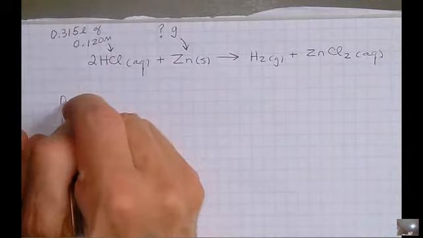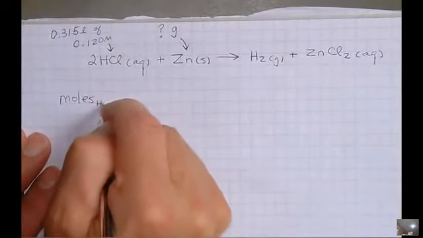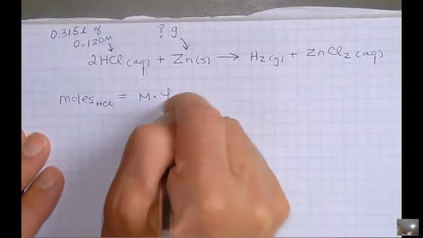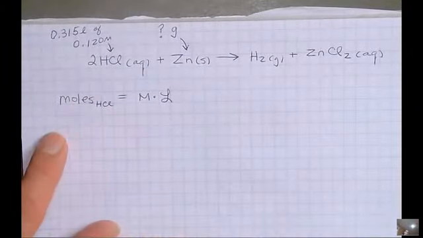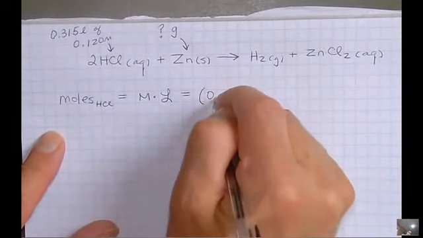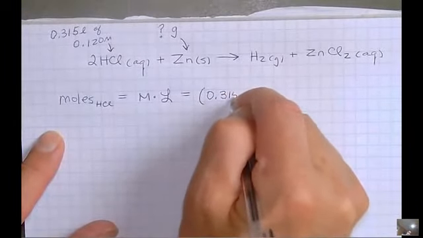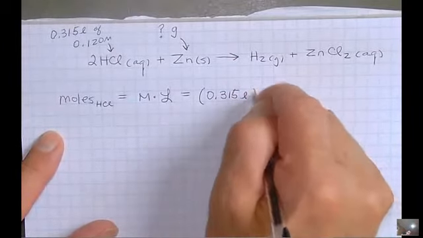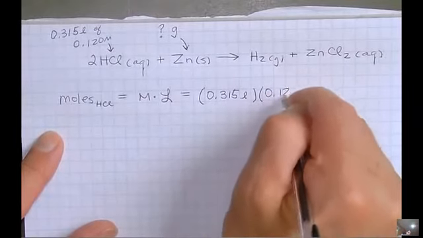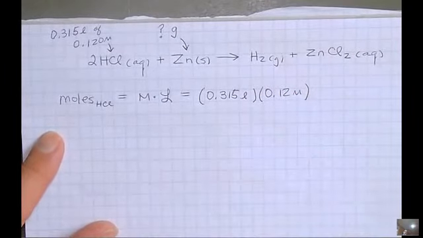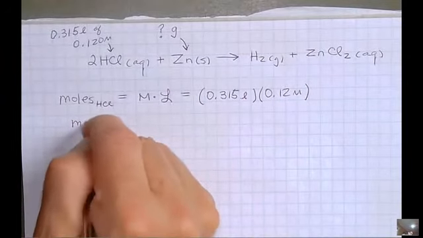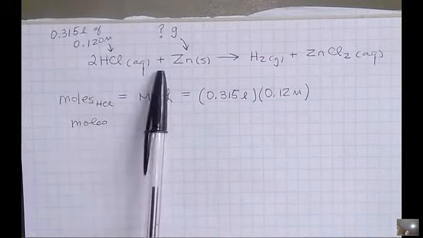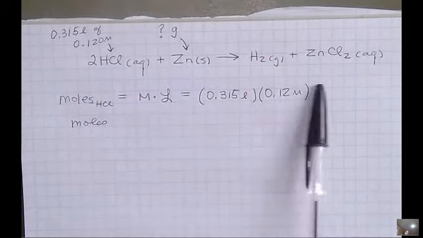So using the formula, the moles of HCl are equal to the molarity times the liters. Just take those two numbers and put them in. They told you had 315 milliliters, which is 0.315 liters. They gave you its concentration at 0.12 molar. Super important. If I know moles, then I can say for every two of these, one of these will react. Remember, we always have to do stoichiometry in moles.